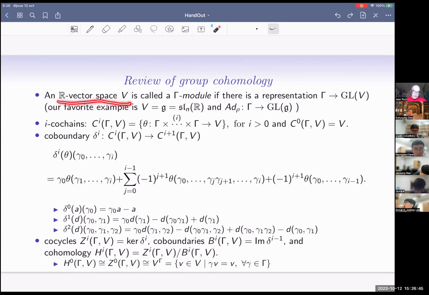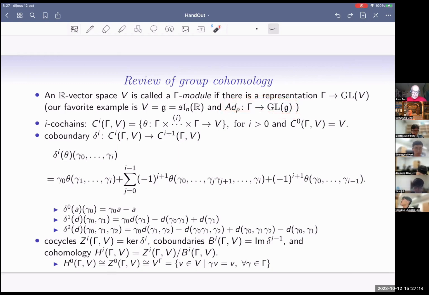A vector space V is called a gamma module if there is a representation. So you shouldn't be confused with the representations we are looking at, because now our favorite vector space is the Lie algebra itself, V is this one, and the action is the adjoint action. So it acts on the matrix by conjugation. Okay, so I will write it that way.